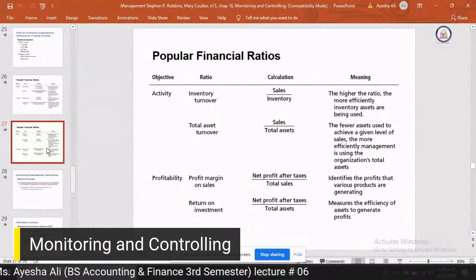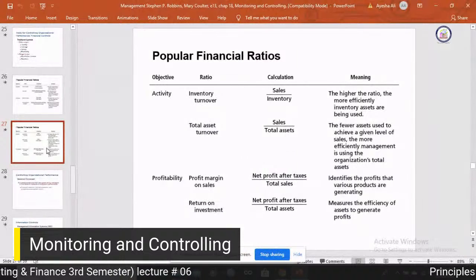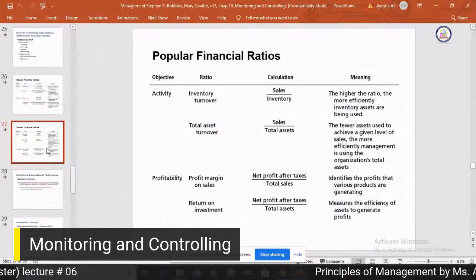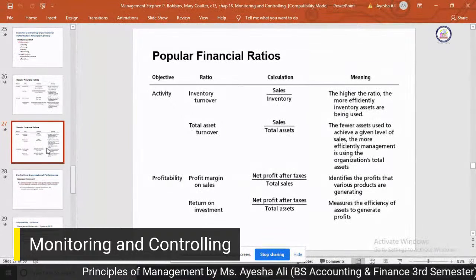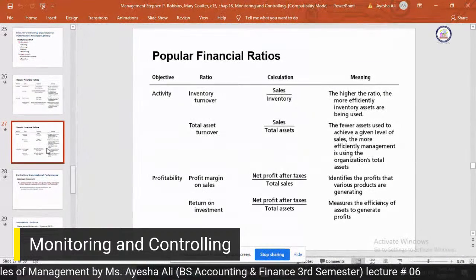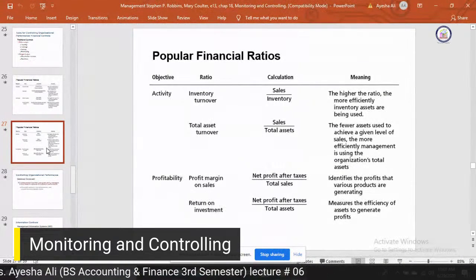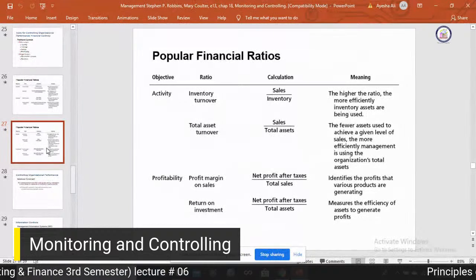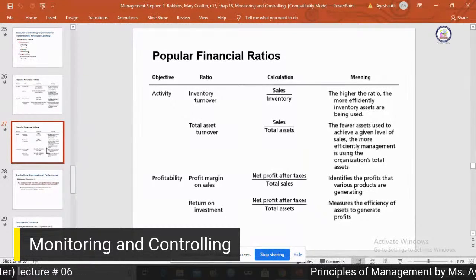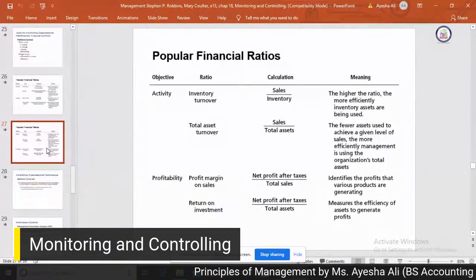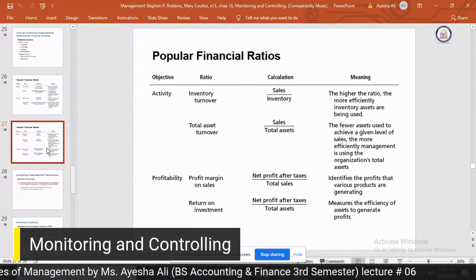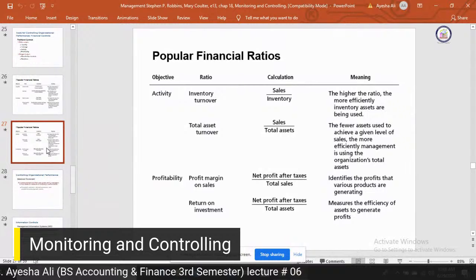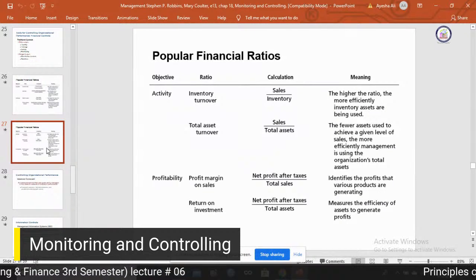So for the sales of the organization, we divide it by the total assets. In this we look at whether the organization is taking advantage from their assets, or taking the potential advantage from the assets.